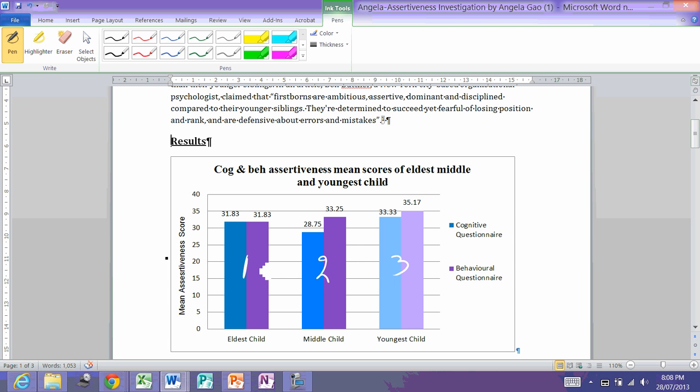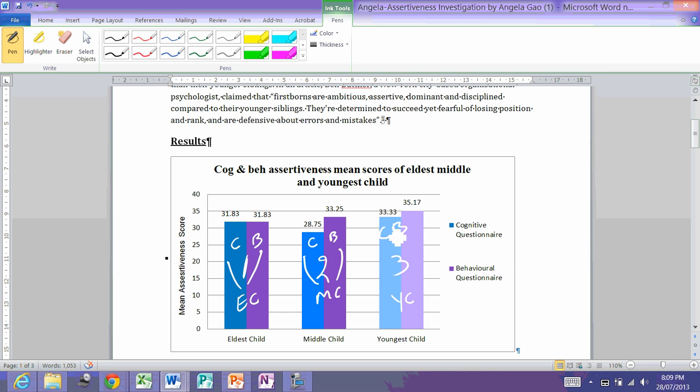So 1 is comparing what's happening with the eldest child, comparing the cognitive and the behavior. Number 2 is comparing the cognitive and the behavior for the middle child. This is the eldest child, cognitive and behavior, the middle child, cognitive and behavior, and this is the youngest child, cognitive and behavior. That's 1, 2, 3.